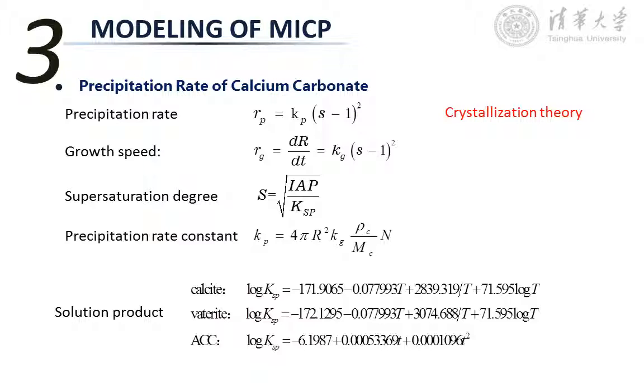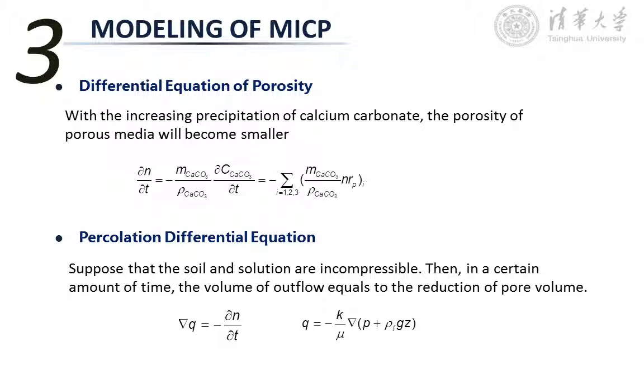And we can also calculate the precipitation rate of the calcium carbonate based on the crystallization theory. And with the increasing precipitation of calcium carbonate, the porosity of porous media will become smaller, which can be described by the following differential equation.